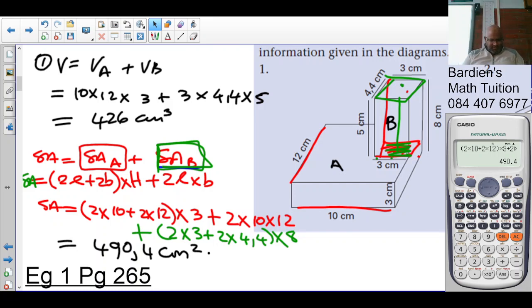So it's going to be 2 times 12 times 10 is 240, 2 open brackets 36 plus 30 gives you 132, that's correct. So it's going to be 2 times 4.4 times 5 plus 3 times 5, 74. So 74 plus 132 plus 240 gives them 446.